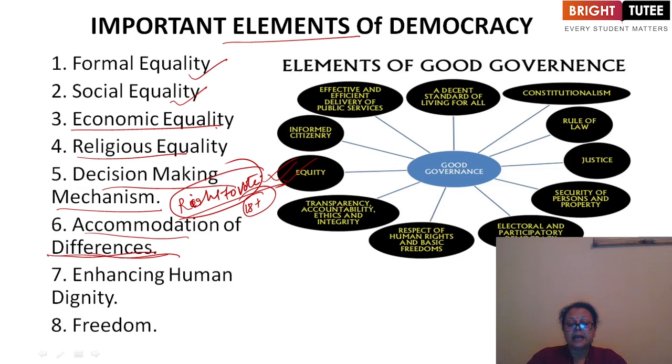Then it comes to enhancing human dignity. This means that in the present world, the need for human dignity should be of prime importance. Every human should treat other human beings the same way, with the same respect, with the same dignity as they would want for themselves. How I feel about myself, I have to give the same respect and treat others in the same manner.